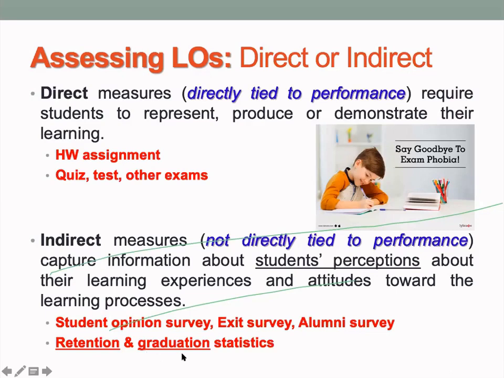If the graduation rate at the course level is also low, it indirectly shows us that the achievement of the PLOs is also low. So this is another example of assessing LO indirectly.